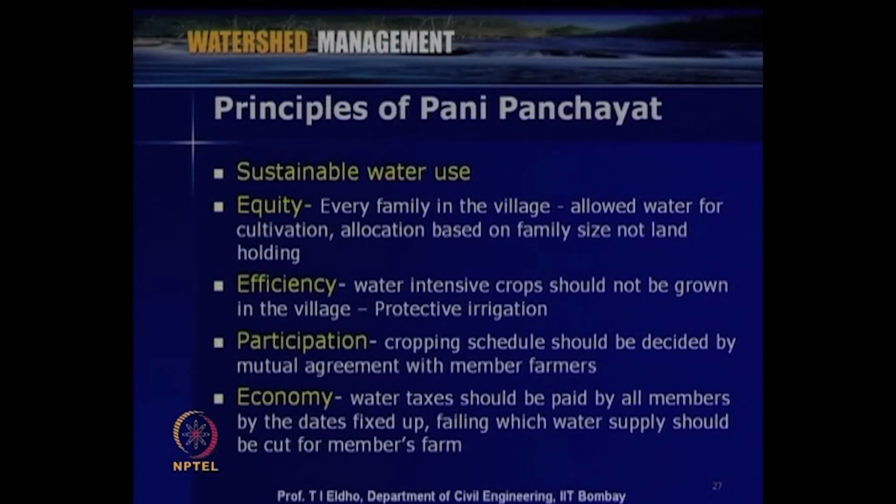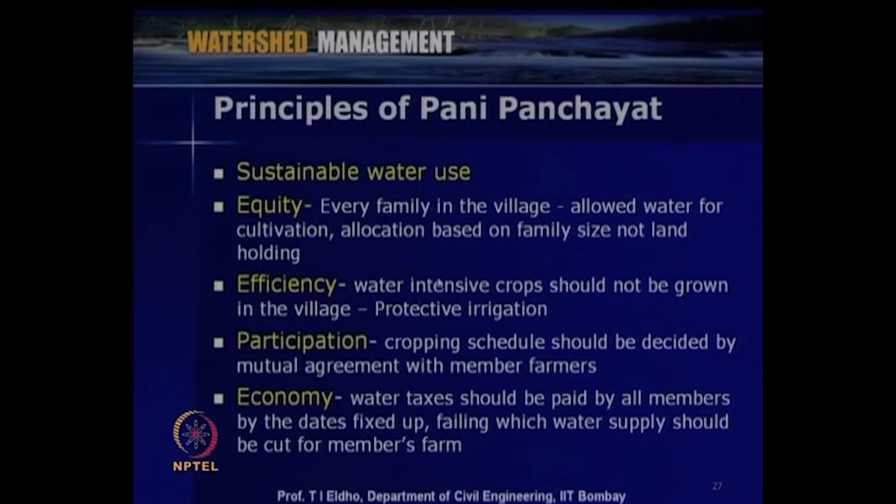So, every family in the village should get the water in an equitably distributed way. So, the families are allowed water for cultivation. Allocation is based on how many members there are in a particular family, not on land holding. Then efficiency.